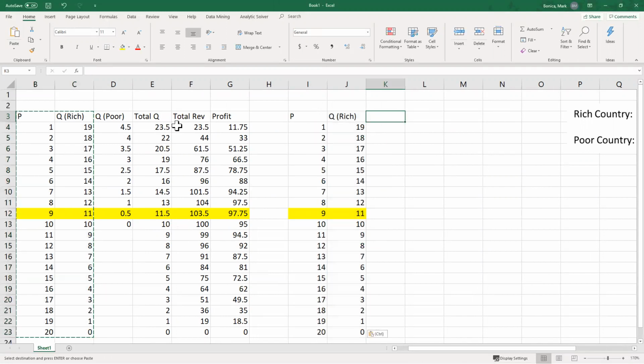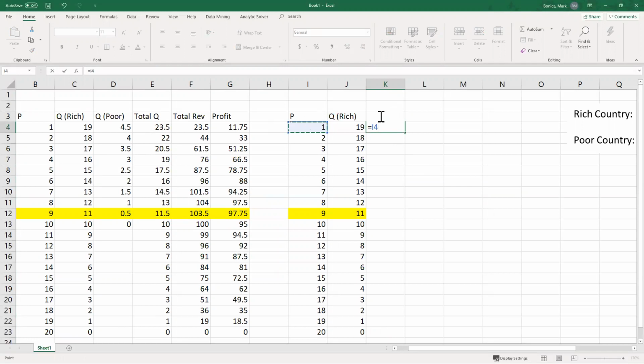And so we're going to split the market by looking at the maximum profit that they could earn in each country and allow the pharmaceutical company to charge a different price. So I just copied over the price and quantity estimate for the rich country, and then their total revenue is going to equal the price times the quantity.